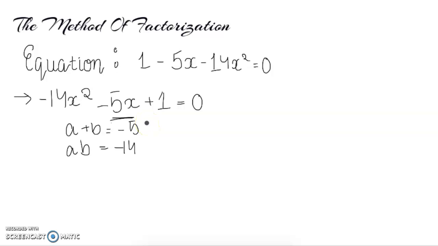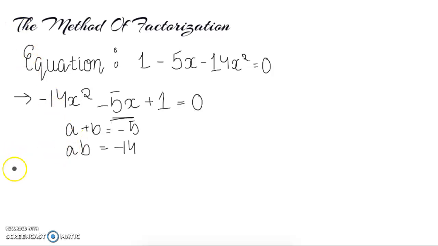For any general equation, the sum of these two factors will be equal to b, and the product of these two factors is equal to c times a if a is not equal to 1, and is equal to c if a is equal to 1.